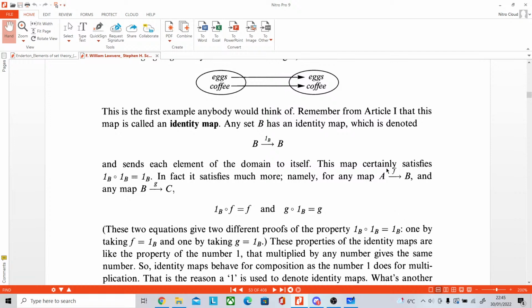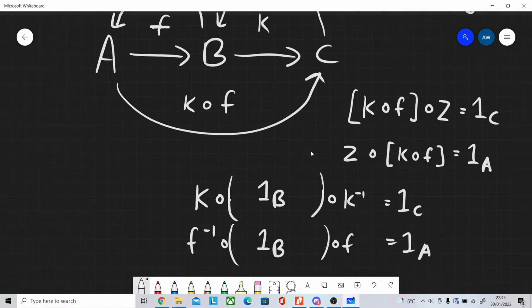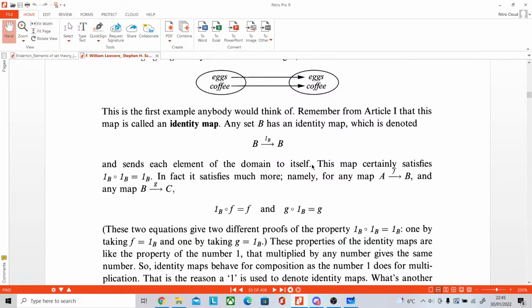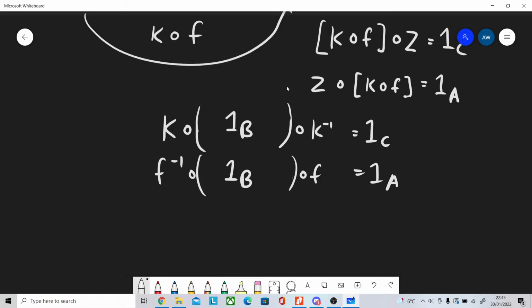Right? If you have A, B, and then B, C. Hold on. Yeah, so we have 1B, F equals F. And look what they have over here, 1BF. We can get rid of the brackets here, and we can group this together, and we can group this together.